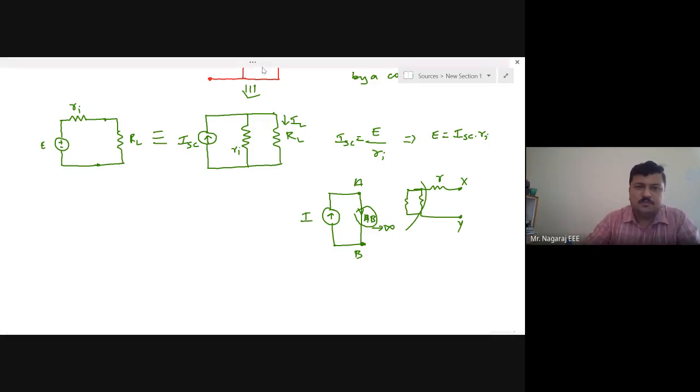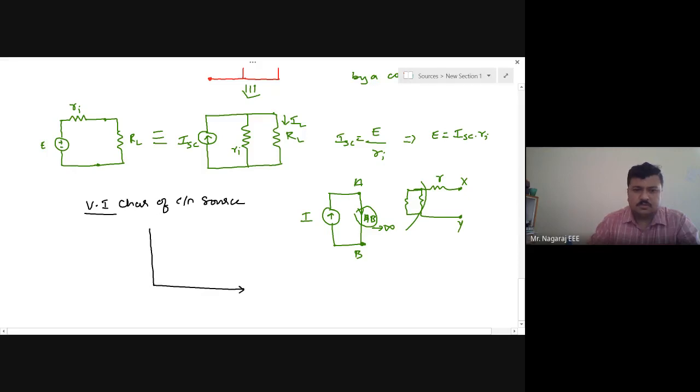And if you want to plot the VI characteristic of a current source, this is V, this is I. Irrespective of the voltage across it, the current remains constant. This is ISC.